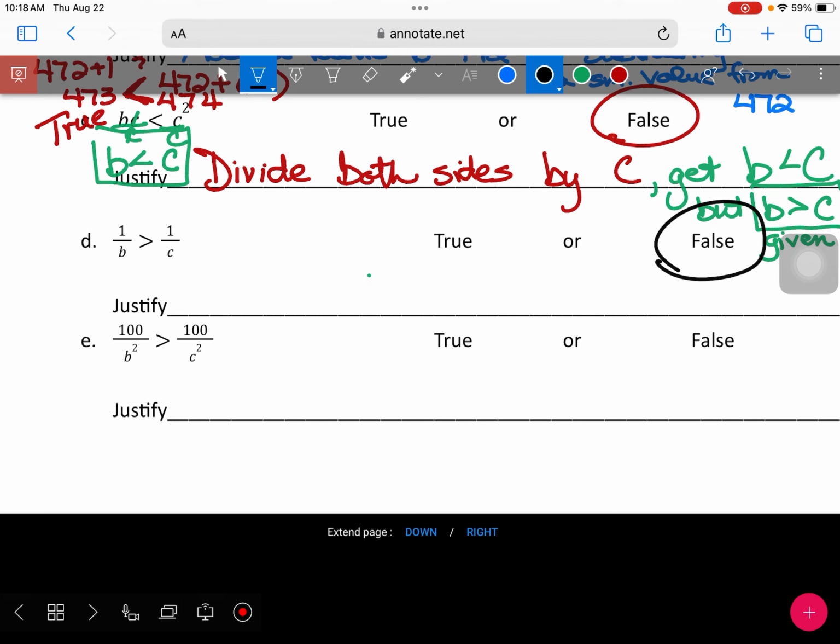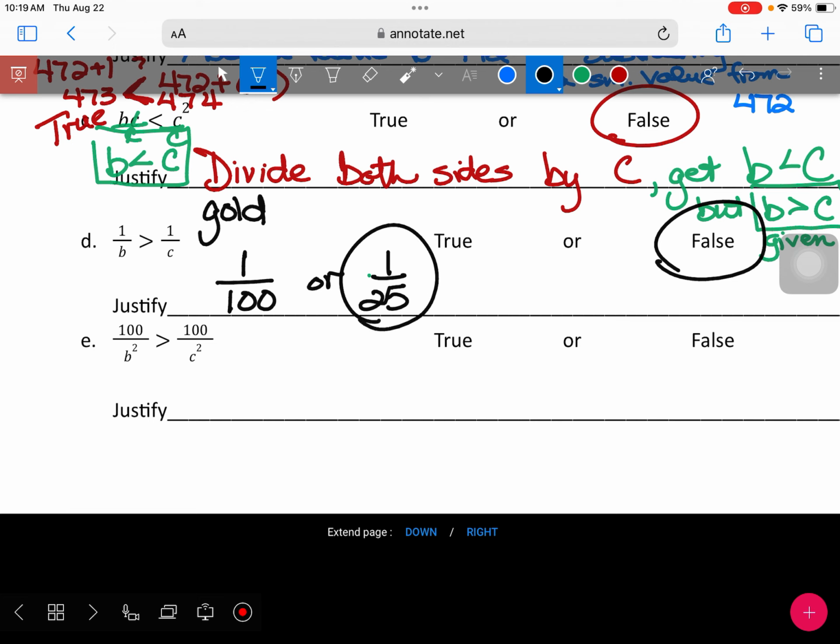Yes. If B is greater than C, which is what we are given, let's say we're talking about gold. You want the largest piece of gold that you can get. Would you rather have 1/100th of an ounce, or would you rather have 1/25th of an ounce?